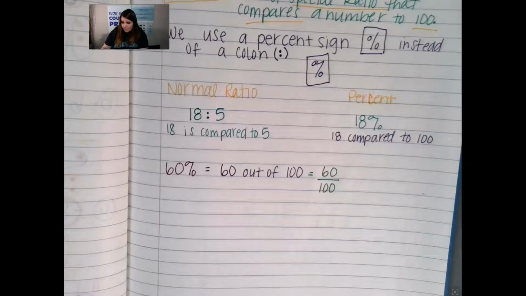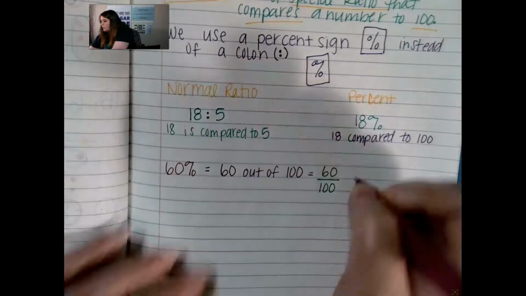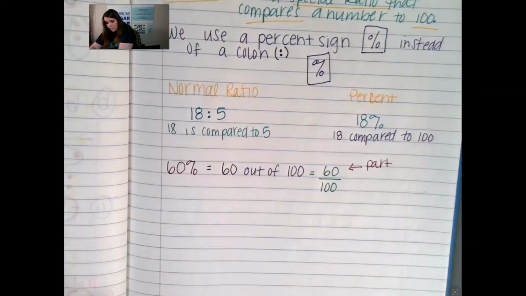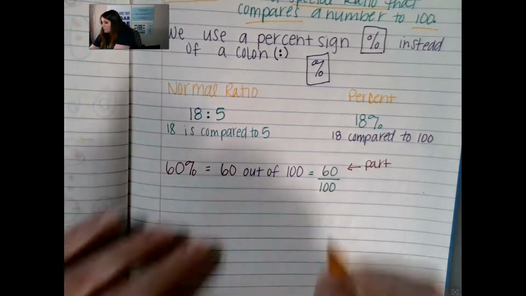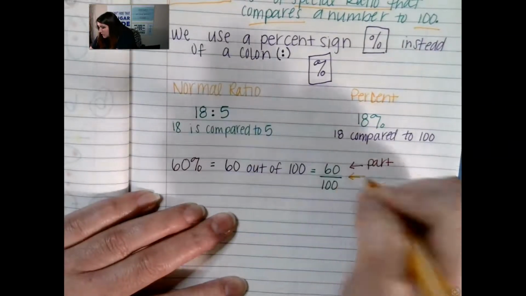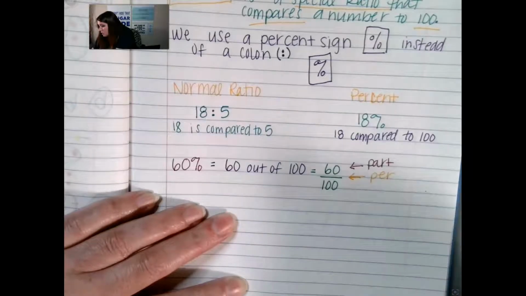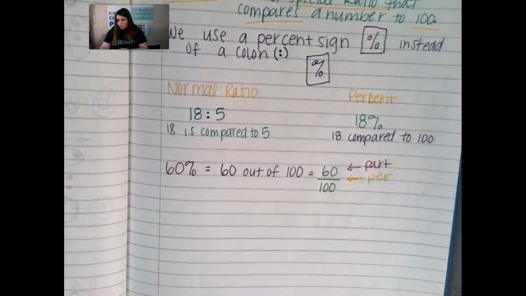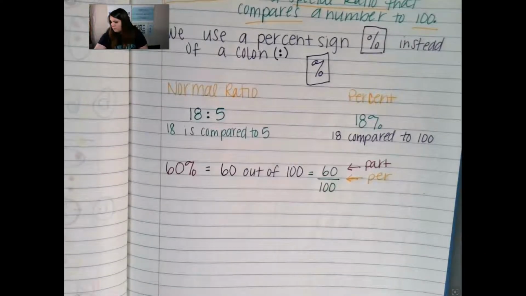So I have 60 as my part. This means per, right? So 60 per 100. I have my 100 down on the bottom.